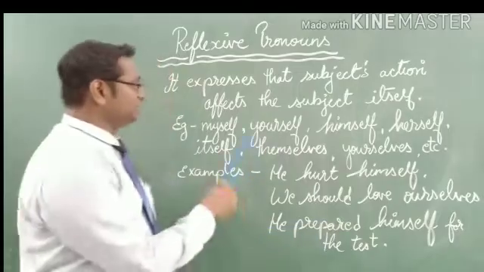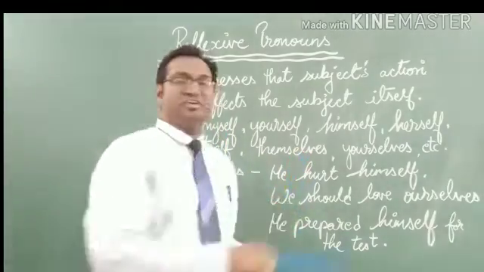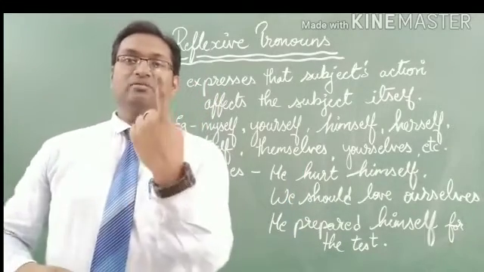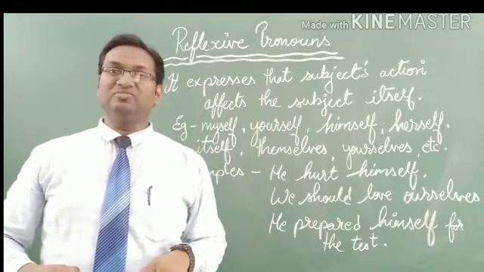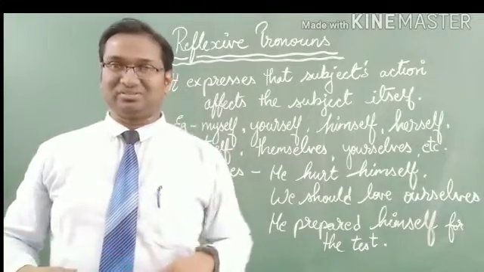Examples: myself, yourself, himself, herself, itself, themselves, yourselves, etc. Now over here I am using self, S-E-L-F, and selves, S-E-L-V-E-S. Self means we are talking about a singular person. Selves means we are talking about plural persons.